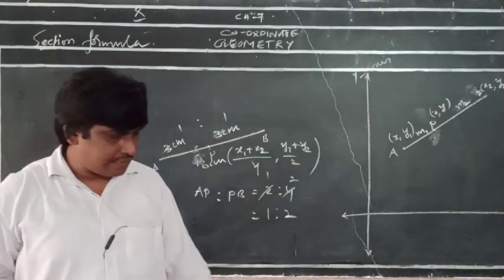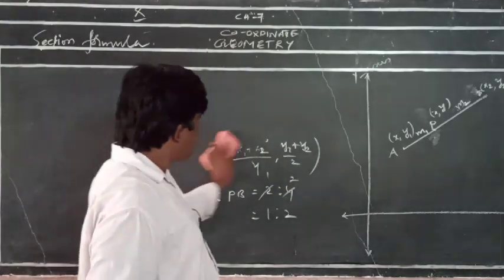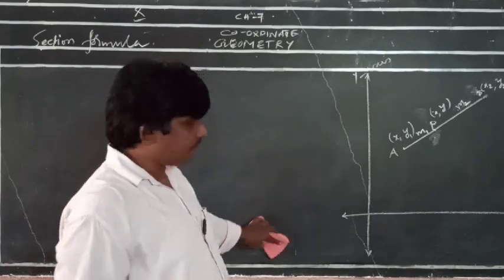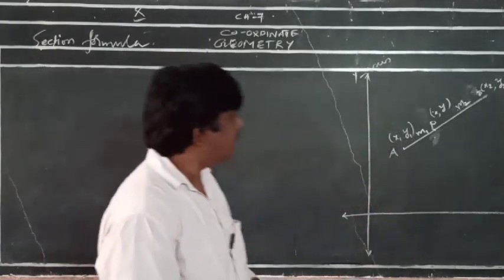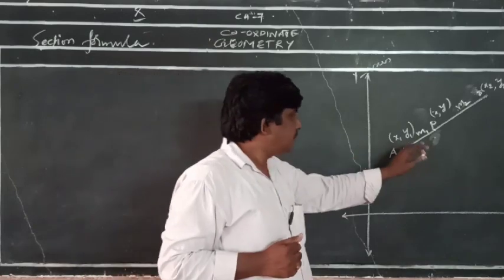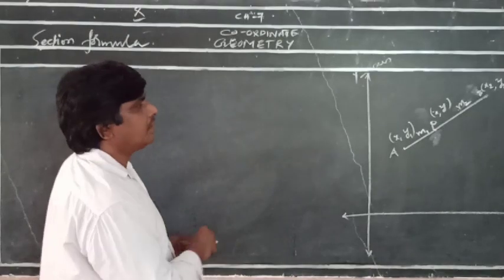Here point P is x comma y. This point P is dividing the given line segment with end points A (x1, y1) and B (x2, y2) in the ratio of m1 is to m2. Then how can we find P? Here P is x comma y.